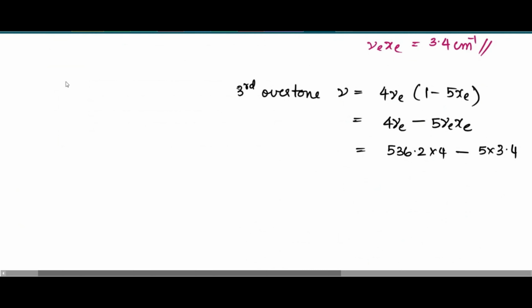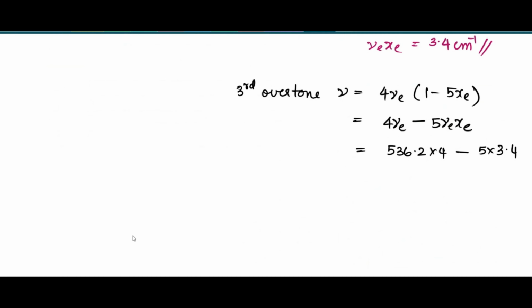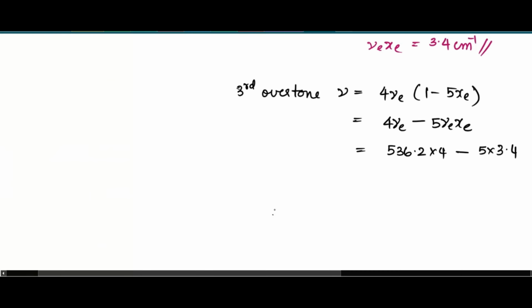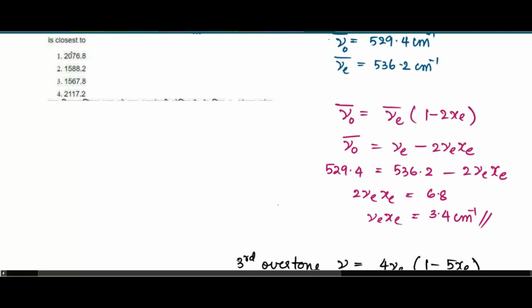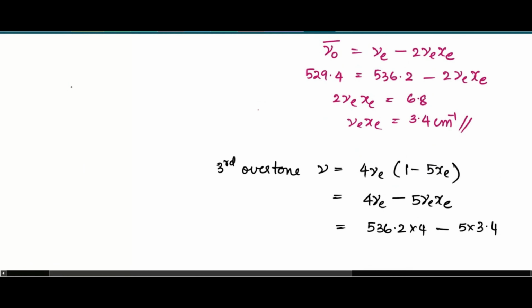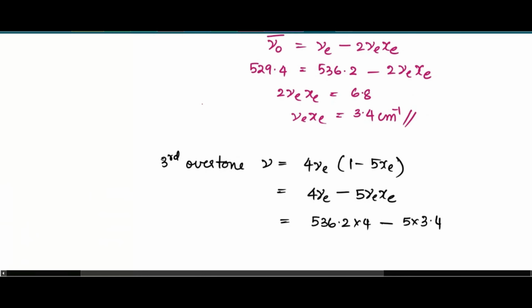Should I recalculate? 536.2 into 4 minus 3.4 into 5, when taking it inside it becomes 5x.